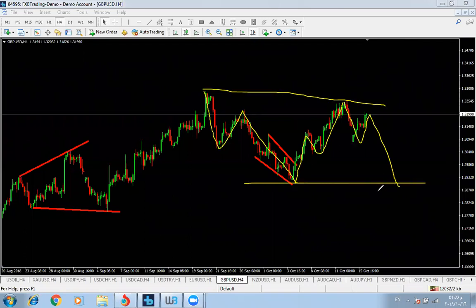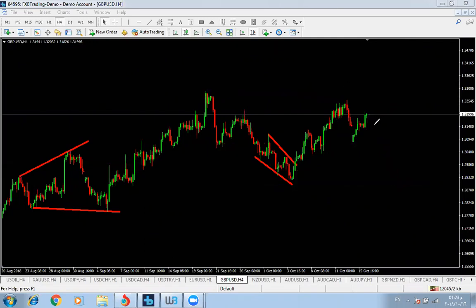Either it should be a regular flat, expanded flat, or zigzag. I don't know at the moment, but we can short very carefully from this area to this area.